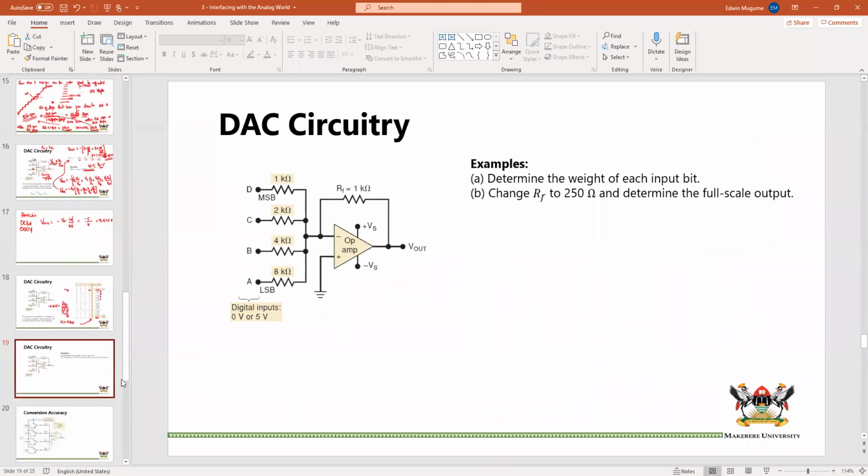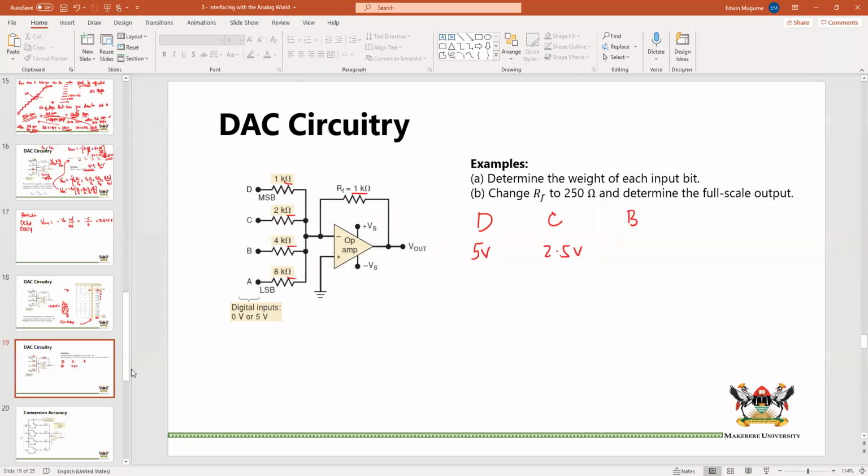There are some other DACs. The problem with this one, if we changed each weight of this, we have already seen, I think. The resistances are 1 kilo-ohm, then 2, 4, 8. So for D, it is going to be 5 volts. For C, it will be 2.5 volts.